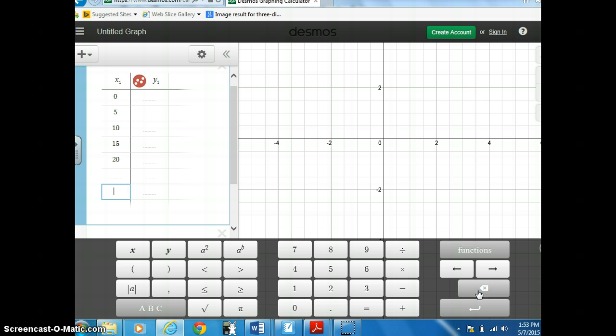And then I want to put in my y1 values, and those are my grams of uranium, which is 10, 8.6, 7.5, 6.3, and 5.5.